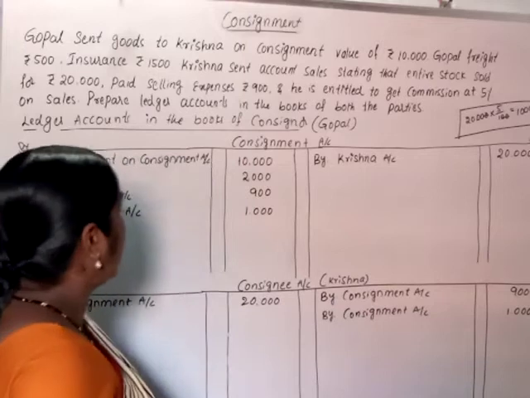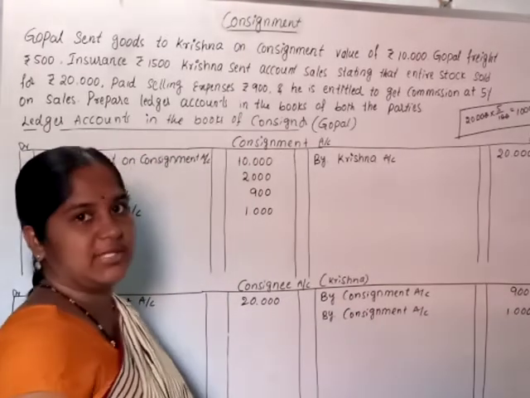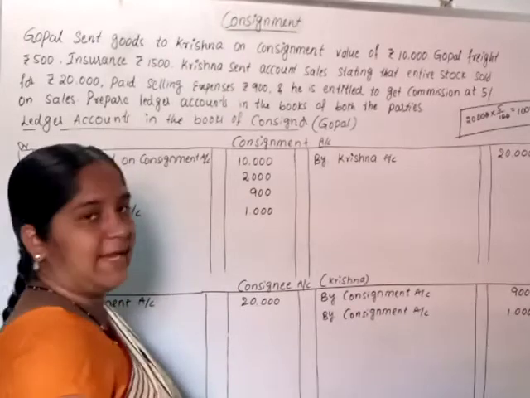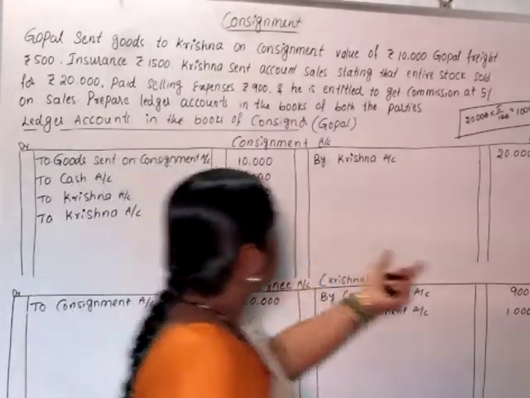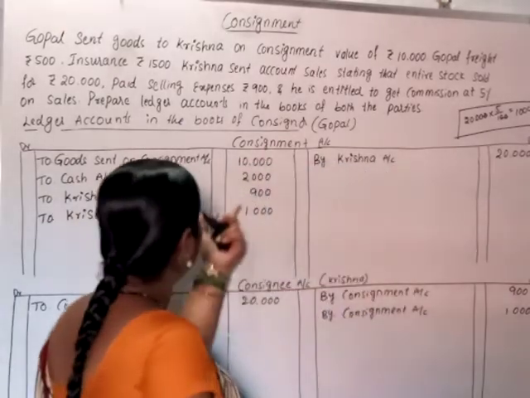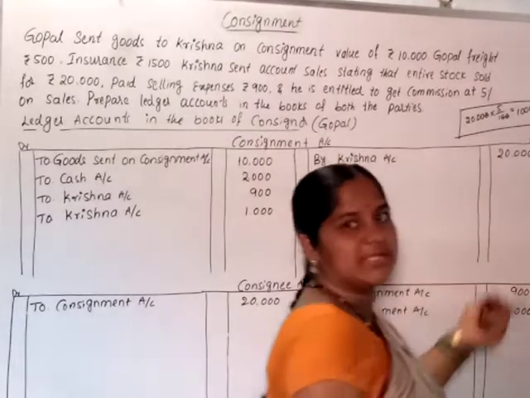Okay, now over. And find out the profit or loss in the consignment. So once again observe the debit side total amount and credit side total amount, which is more. So here 13,900 is there, here 20,000 is there. So the credit side is more.